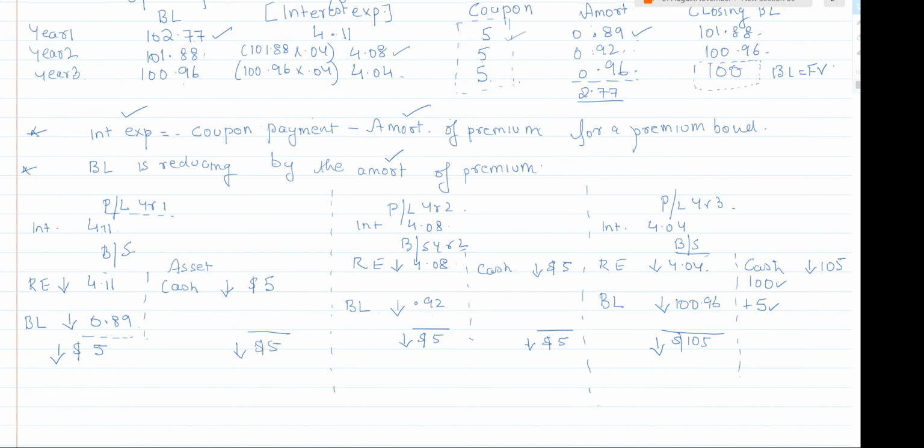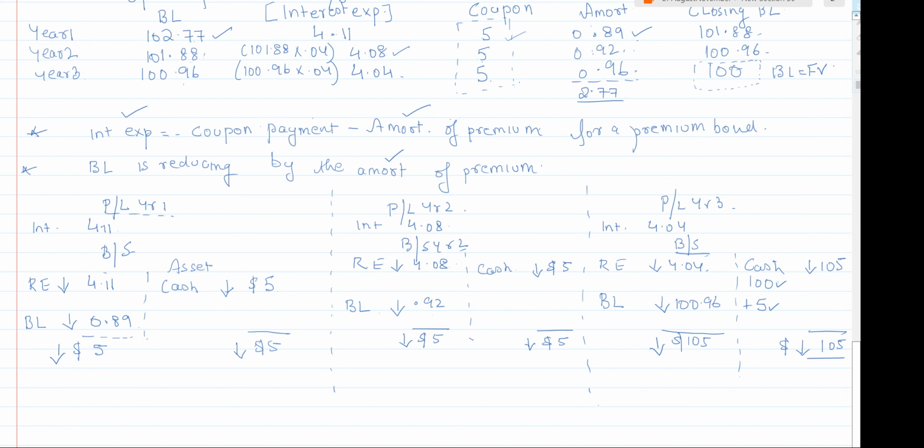Once the investors have been repaid, there is no liability. The issuer has no liability anymore because it has already repaid the investors, right? So the bond liability would become zero and it shall be removed from the books of accounts, right? So the cash side also goes down by 105.